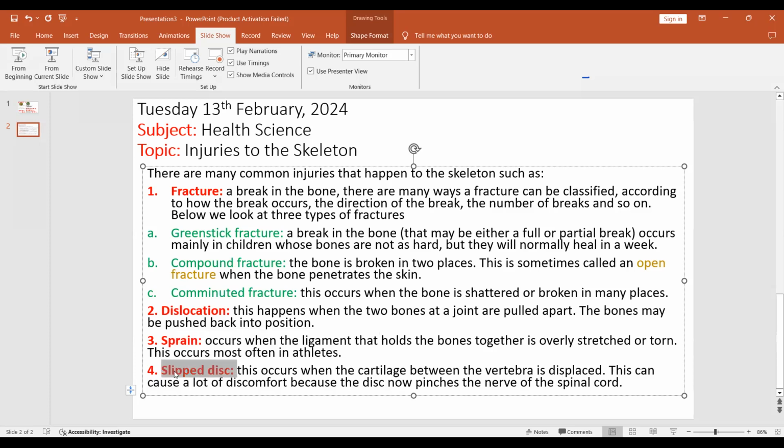Once you finish with your notes, take a picture of it and send it to me via WhatsApp. But the last one is the slip disc, and that happens on your spine, right? The slip disc. As you can see, let me show you a diagram of it.